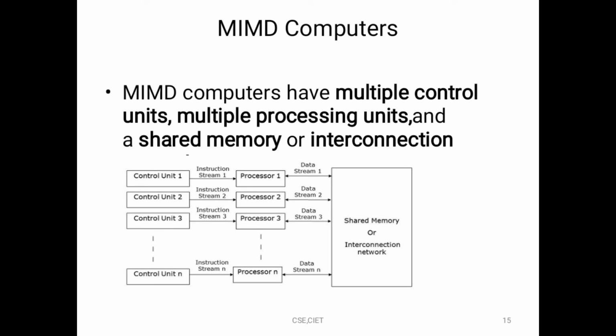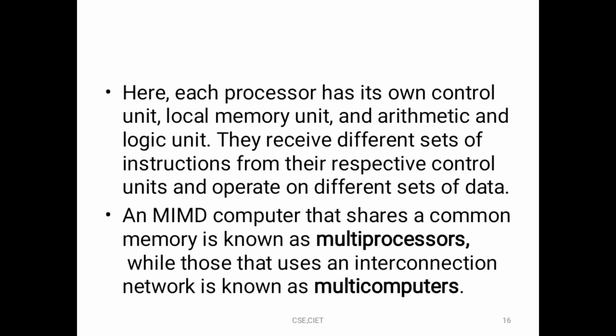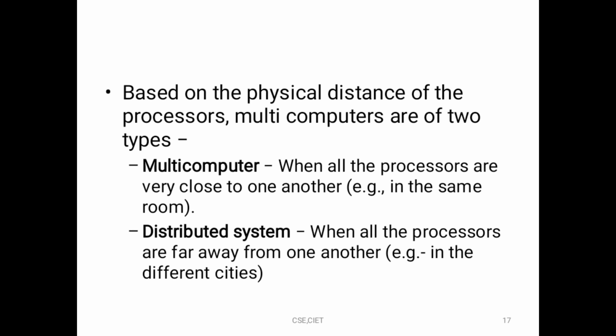A MIMD computer that shares a common memory is known as a multiprocessor, while those that use an interconnection network are known as multi-computers. Based on the physical distance of the processors, multi-computers are of two types: multi-computers and distributed systems.